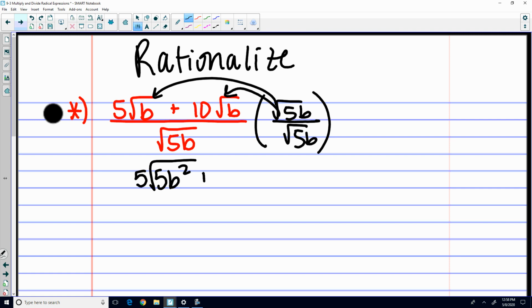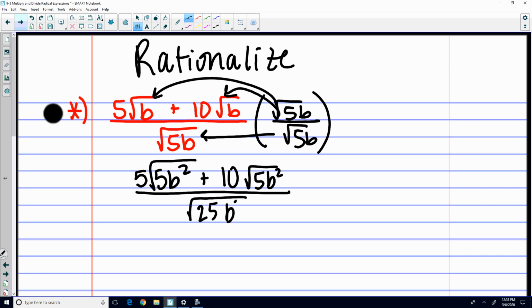I'm going to have a plus sign first. 10, and then I'm going to have another 5b squared. Over, and let's multiply these. I'm going to have the square root of 25b squared. All right, let's break this down a little bit. This one comes out as just a b, and this one does too, just as a b here. And then this is 5b.